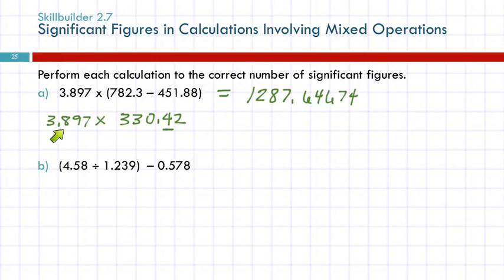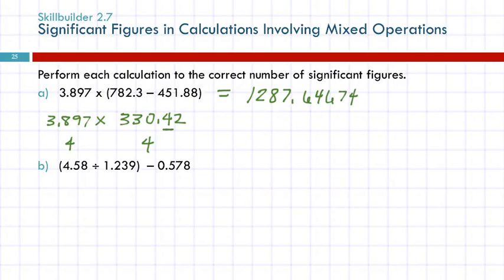How many sig figs does this number have? 4. Now this number, I underlined the last sig fig. Only count up to the underlined number. 1, 2, 3, 4. That also has 4. Yes, the 2 is there, but it's not a significant figure because we would round it off based on the rules for subtracting. Okay? So 4 and 4, that means that this should have 4 sig figs.